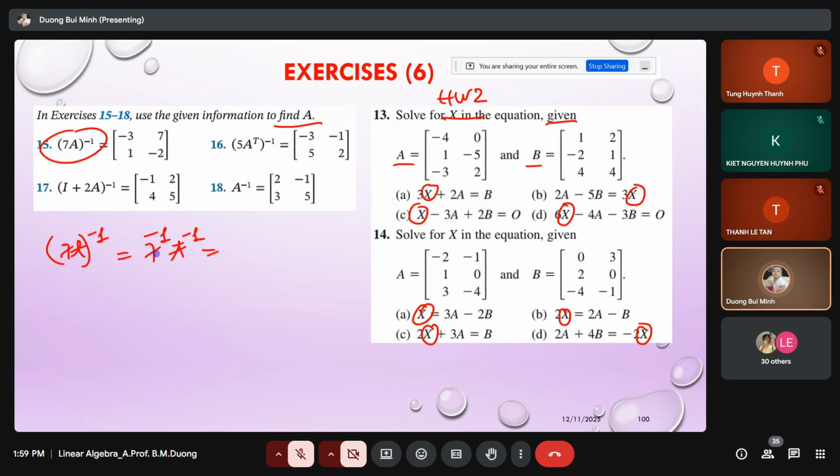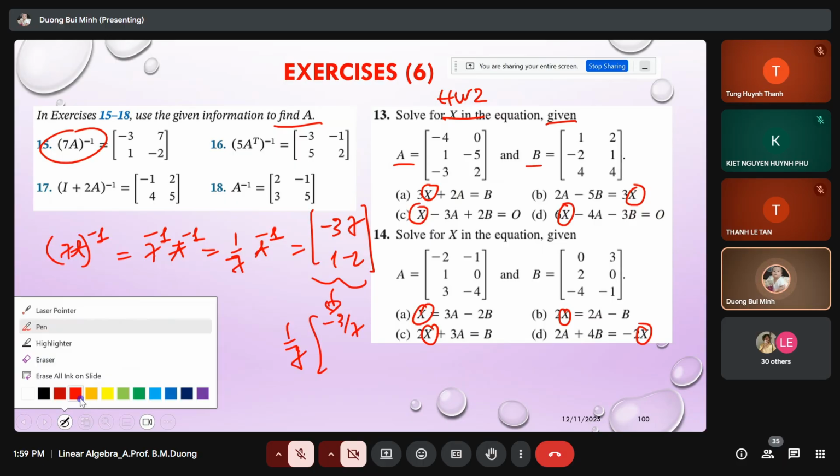So 7 to the power of minus 1 is 1 over 7 times inverse of A, which is minus 3, 7, 1, minus 2. If I modify this one, 1 over 7, so inside we can get minus 3 over 7.